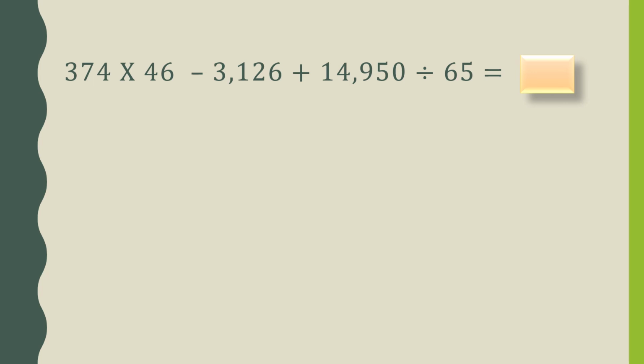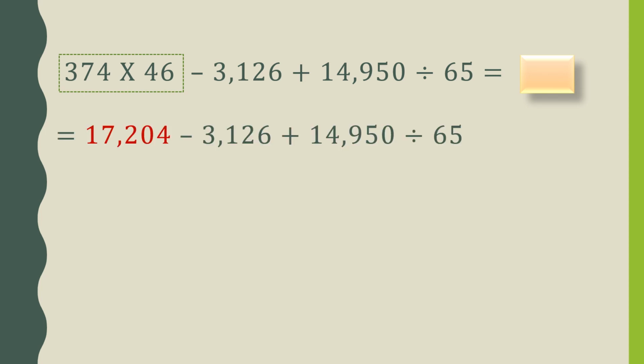In level 3, we have multiplication and division. And in this equation, multiplication is in the left. Therefore, we're going to do first 374 times 46. And the product is 17,204.